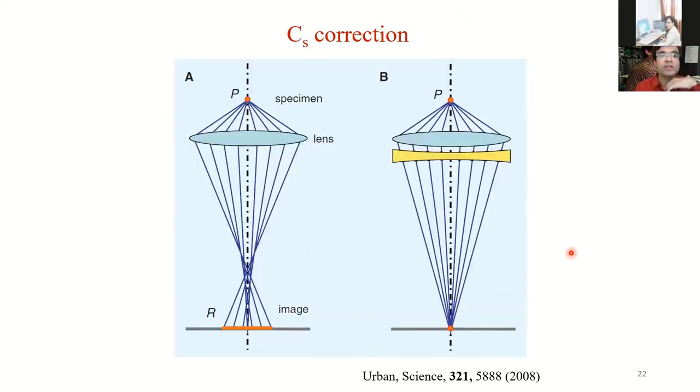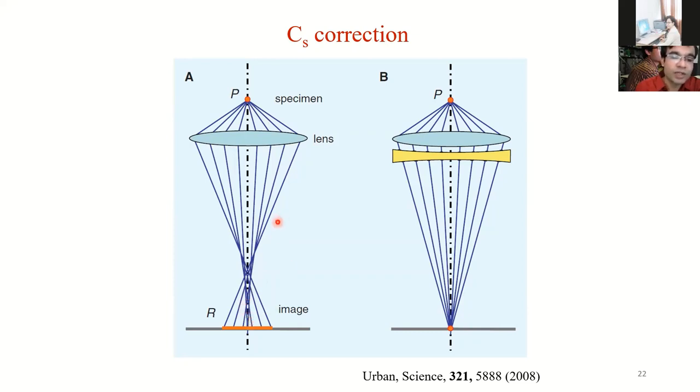And now let's move to the CS correction. So here, like in light optics, we have a lens, and the rays which make higher angles with respect to the optic axis are bent very sharply, so they do not converge at the same point.